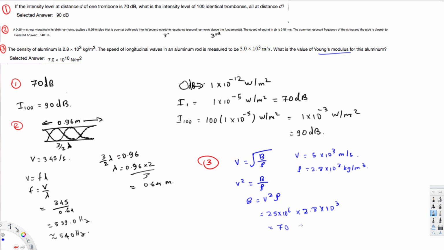So 70 times 10 to the power of 9, which in proper scientific notation is 7.0 times 10 to the power of 10 newtons per meter squared, and that is the Young's modulus for these values.